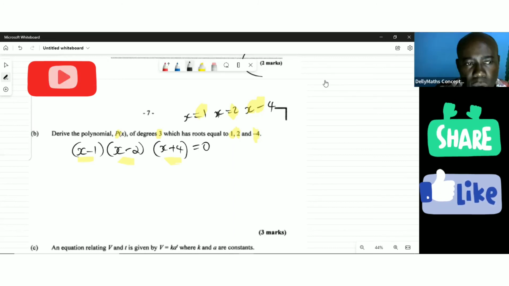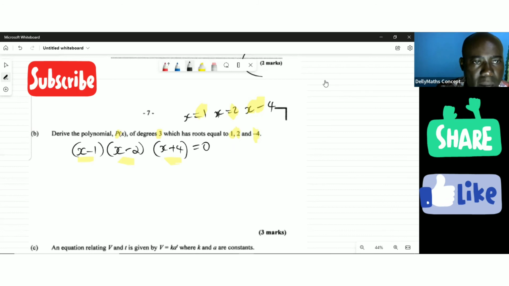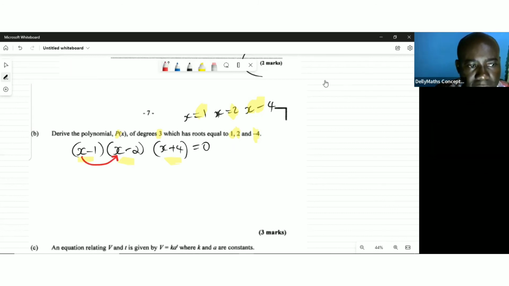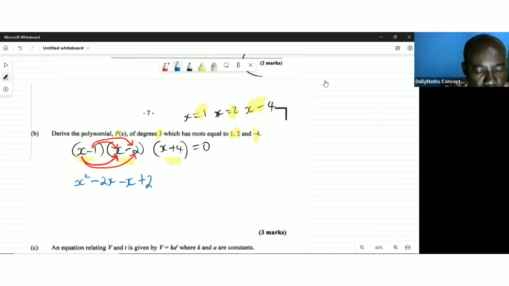So I'm going to FOIL this one. I'm going to FOIL that with that, that with that. So x with x is x squared. x times -2 is -2x. -1 times x is -x. -1 times -2 is +2.